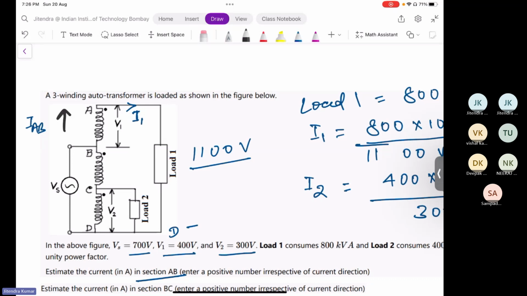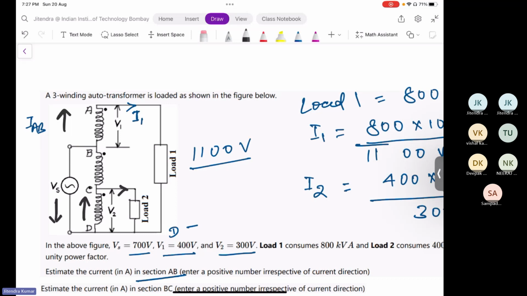Okay. Now this load 2 also must be catered from the CD winding and BC winding. So if you see this current direction, it must also have this kind of polarity, but since you are considering this polarity, it is coming negative.